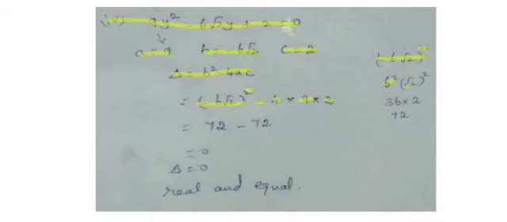So 6 square, root 2 the whole square. Square and root get cancelled, it becomes 2. And 6 square is 36. So 36 into 2, 36 2s are 72. So the value of minus 6 root 2 the whole square is 72.